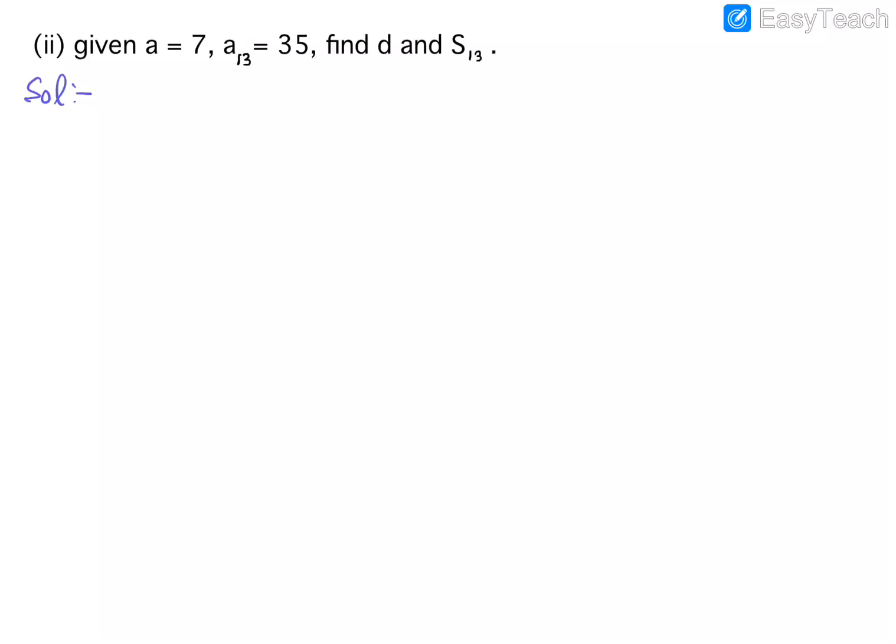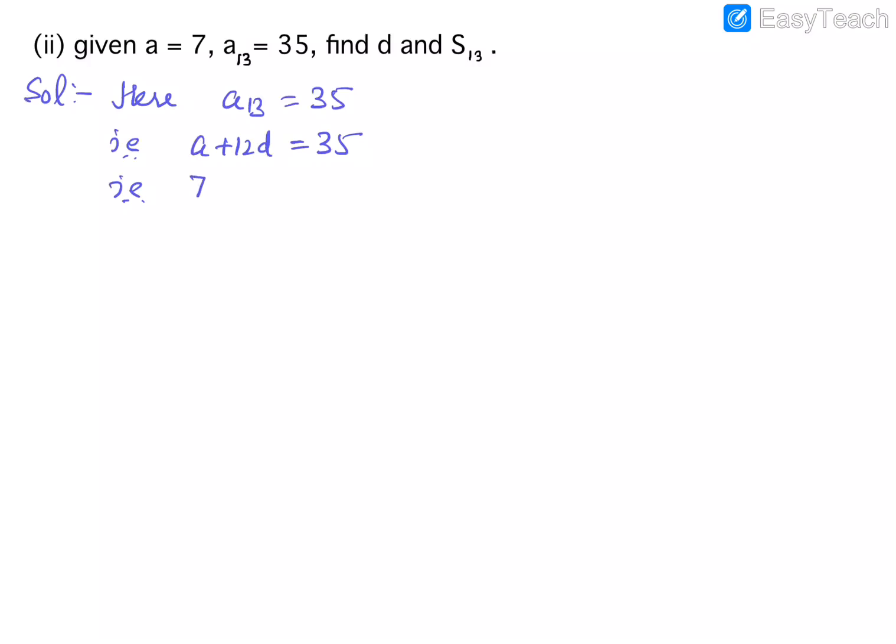Now second part, it is given that the first term of the AP is 7 and 13th term is 35. Find the common difference d and the sum of first 13 terms of this AP. Here a13 is given 35. That is a plus 12d is 35.